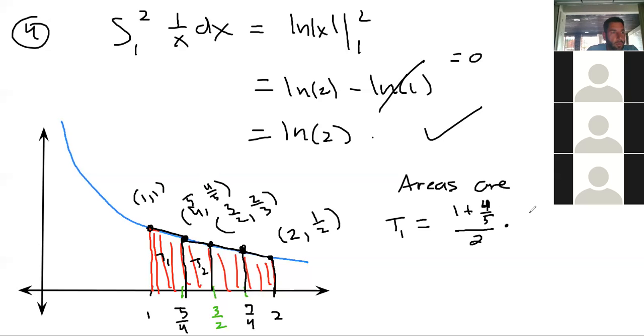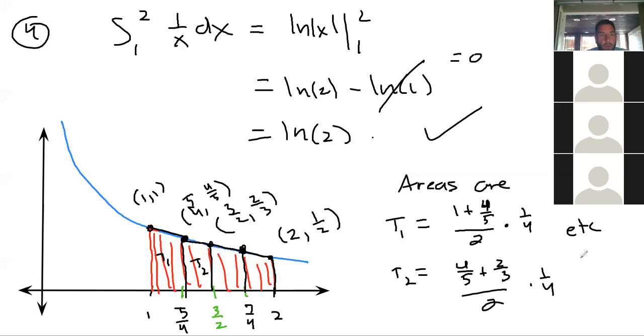The width is 1/4. And then T2 is the 4/5 plus the next height, which is 2/3, over 2, all times 1/4. Etc.